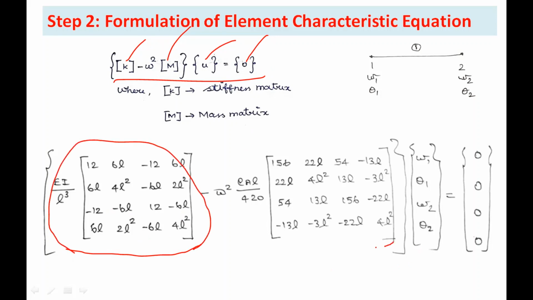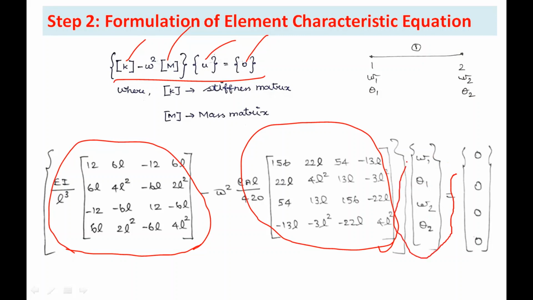And this is the mass matrix, a 4 by 4 square matrix. And these are the degrees of freedom: W1, theta 1, W2, theta 2. Right hand side you have the null matrix. To solve any beam problem, we have to remember these matrices: mass matrix and stiffness matrix. Then only we are able to solve it.